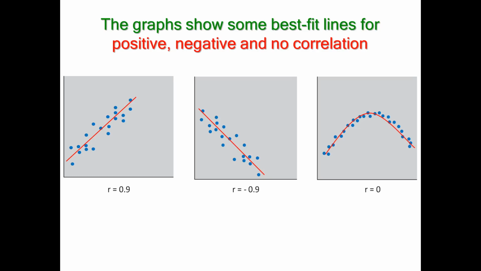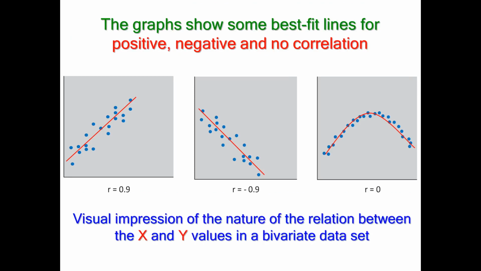The scatter diagram provides a visual impression of the nature of the relation between x and y values in a bivariate data set. In a great many cases, the points appear to band around a straight line.